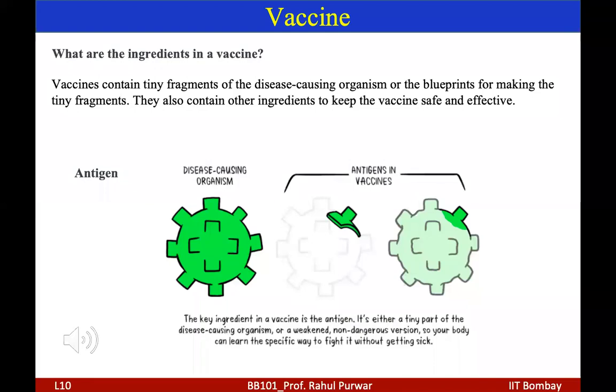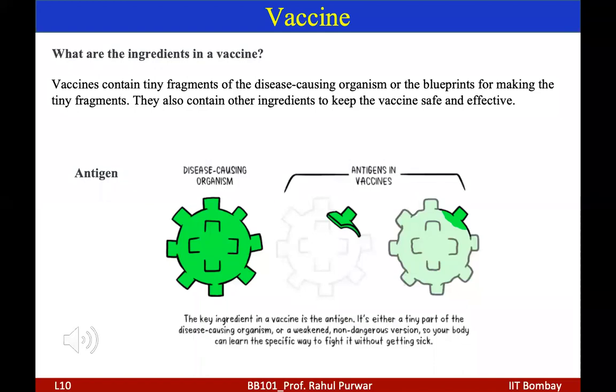Proteinaceous, some proteins, the spike protein you will hear a lot about in the newspaper. So some fragments of the disease-causing organism, either the organism itself or part of it, or a gene expression system like mRNA vaccines, those kinds of blueprints.